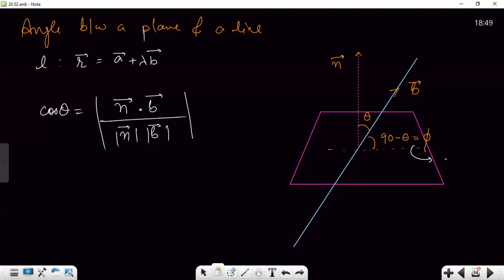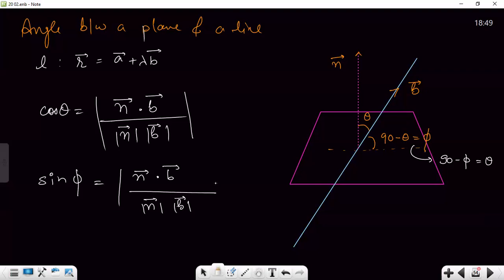So cos of 90 minus phi. We know cos of 90 minus a is sine a. So this becomes sine of phi equals n vector dot b vector divided by n vector's magnitude and b vector's magnitude. This is the formula, simple.